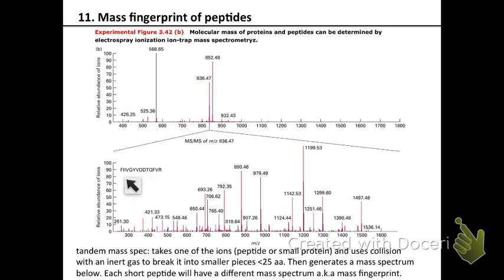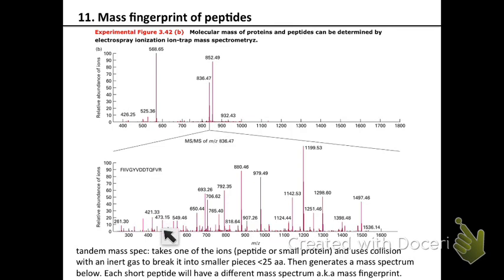This is the mass spectrum from a peptide of the sequence shown here. This is the amino acid sequence of this peptide, and depending on how randomly it's actually broken up, you're going to generate this many possible peptides from this, right?